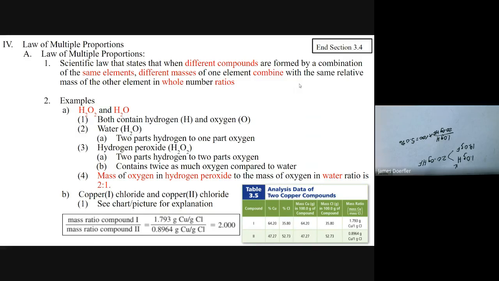The other substance, hydrogen peroxide, H2O2, has 2 parts hydrogen to 2 parts oxygen. Now, hydrogen peroxide contains twice as much oxygen compared to water. So the mass of oxygen in hydrogen peroxide to the mass of oxygen in water would be considered a ratio of 2 to 1.